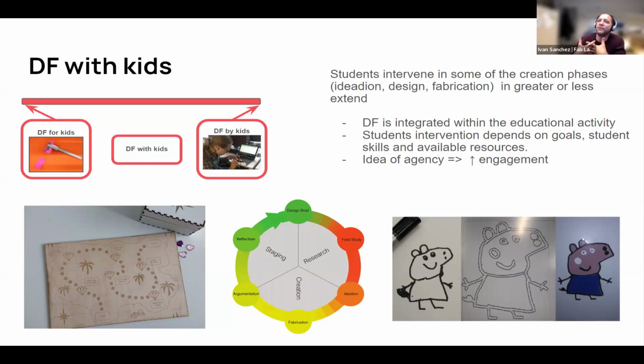So especially for kids, we have experienced that kids who have difficulties concentrating in school, when you tell them, okay, try to fabricate this, and they see that they can go to the laser cutter and build something by themselves, this agency, this, okay, I have done this with my hands, I managed to do it, it's very rewarding for the kids and usually increases the engagement of the kids in the activity.